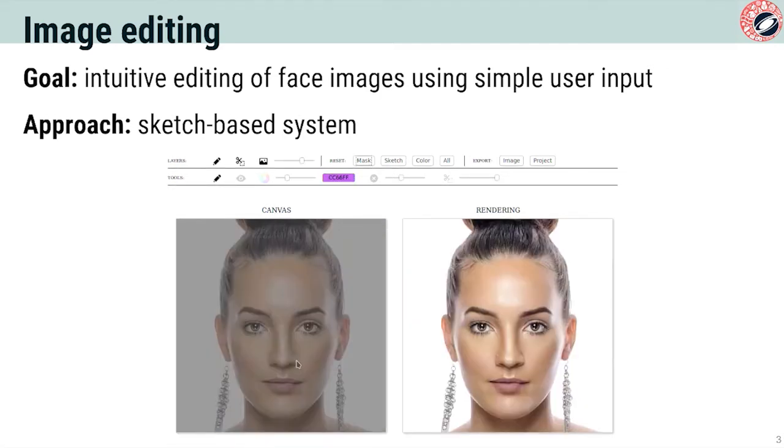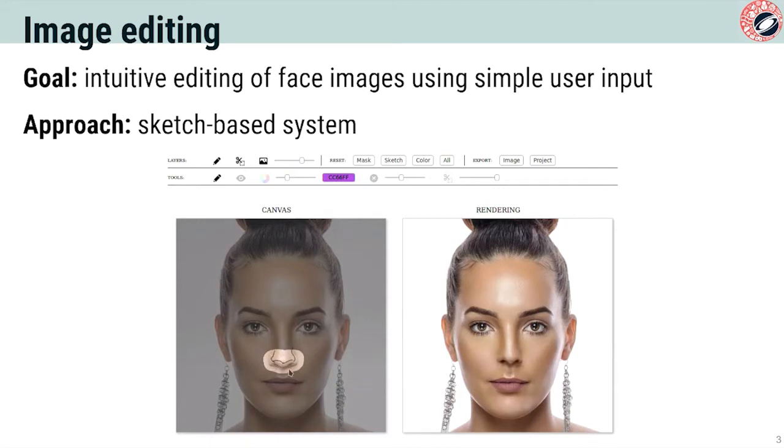I want to show you two short video sequences just to highlight the interactivity of our approach. So you see here how the user starts sketching to modify the shape of the nose. And as long as the user doesn't provide a mask for the region that should be resynthesized, nothing happens.